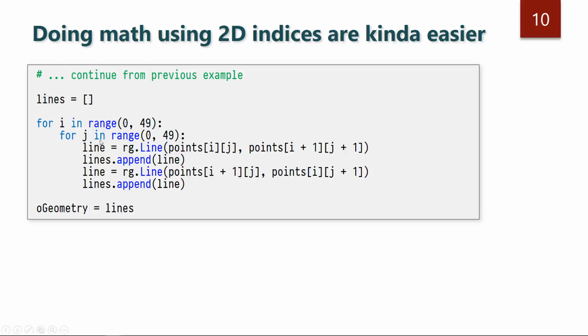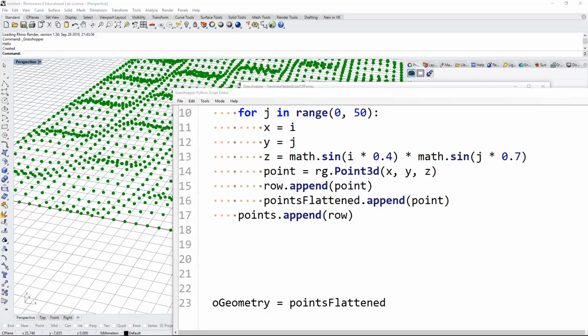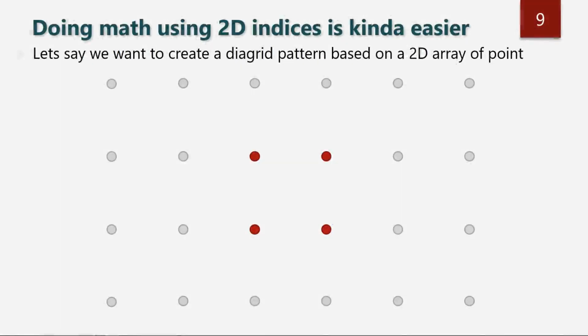If you look at the diagram before, we use the for loop to visit each of the indices i and j, and whenever we have an i and j, we can retrieve the point.